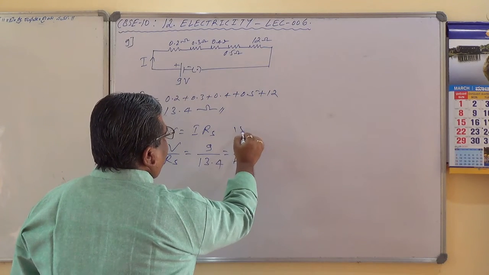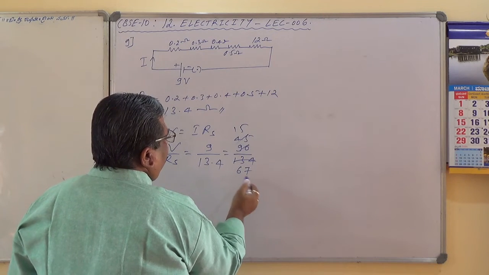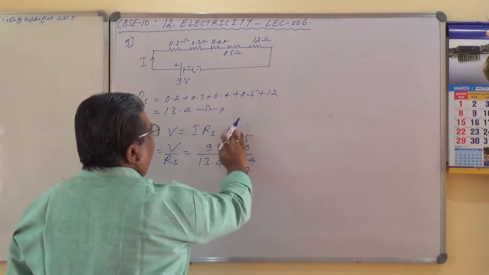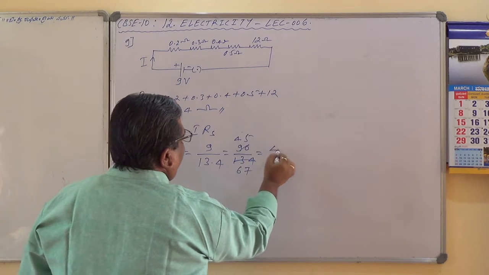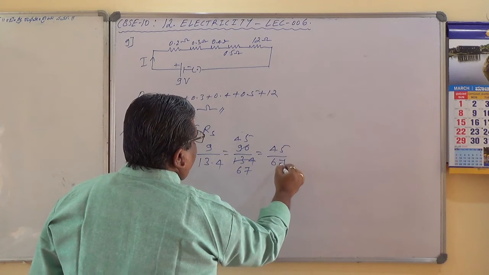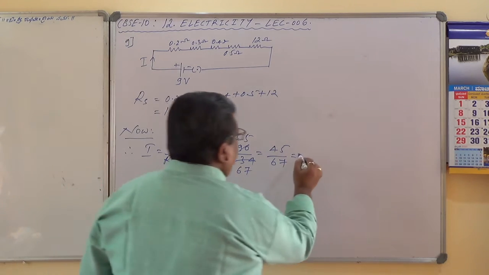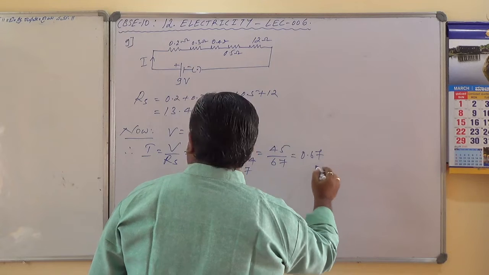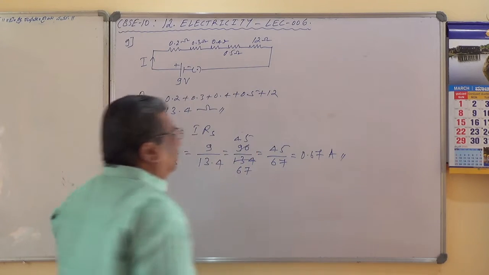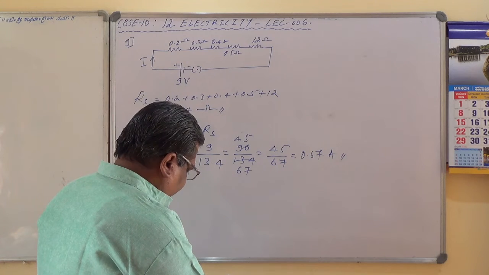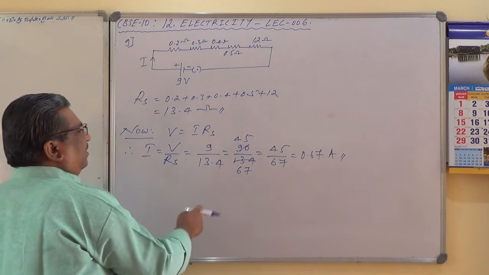Just work out the 45 divided by 67, which I am going to get as about 0.67 ampere. Let me check whether it is correct. Yeah, it is correct. 0.67 ampere.